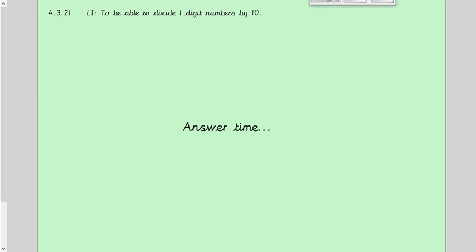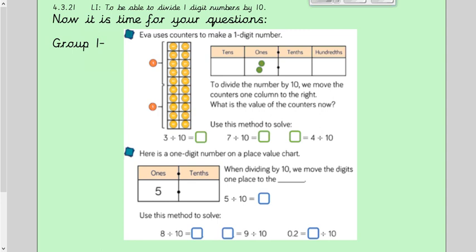Okay, time to go through the answers then. So for group 1, the first question says, Eva uses counters to make a 1-digit number. It says to divide the numbers by 10, we move the counters 1 column to the right, which is what we already talked about. What is the value of the counters now? So if you move them to the right, it would be 0.2, because you would move the 2 counters into the tenths, and then that would be 0.2 because they become tenths rather than 1.